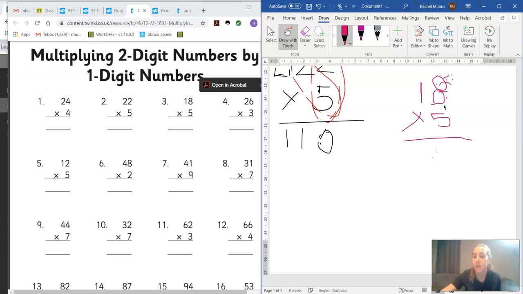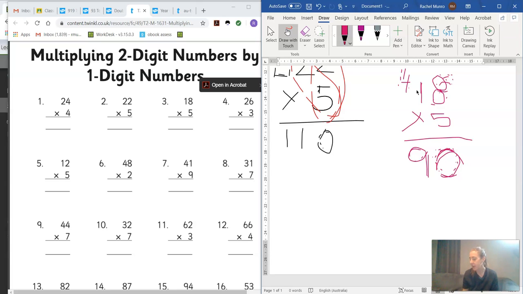So you need to put down your 0 again and carry your 4 over to your tens column. Next up, you're going to go the 5 multiplied by your 1. So 5 multiplied by 1 gives you 5, and then you're going to add on that 4 that you carried over. So 5 plus the 4 that you carried over gives you 9. And we've finished up with 90.